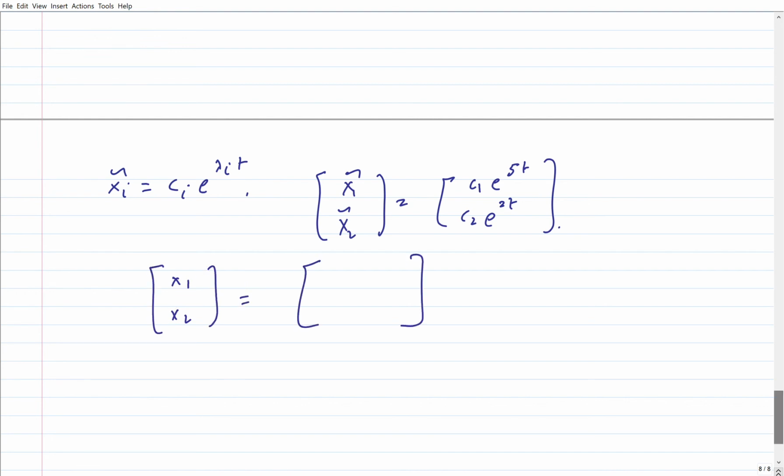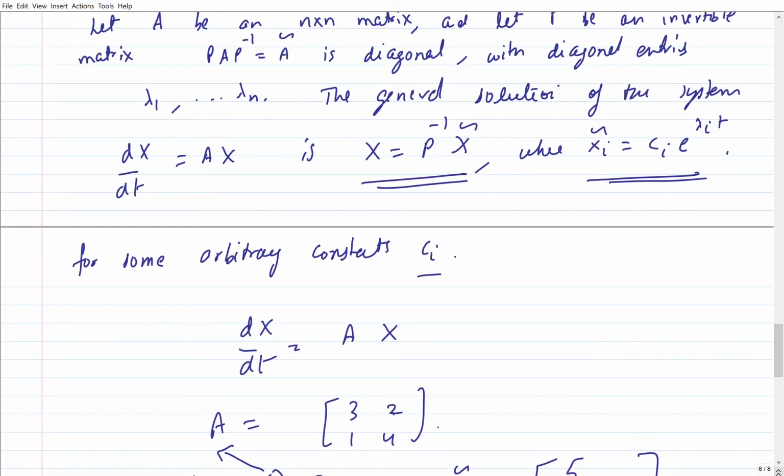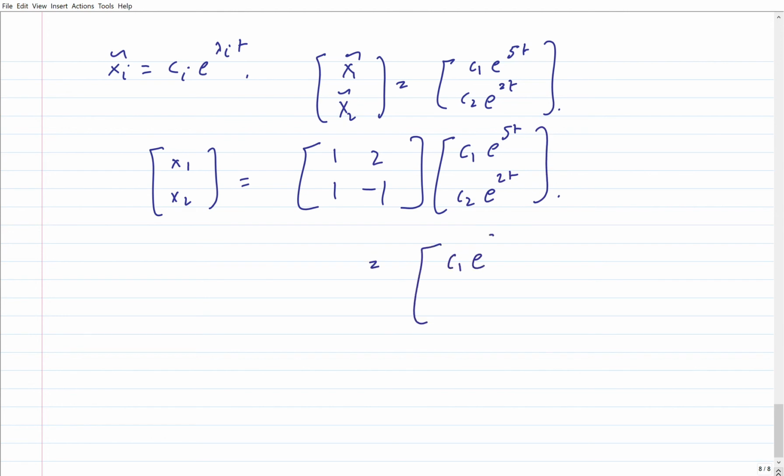The actual solutions are given by these, so I just multiply by P inverse. That is there to it, which is nothing but C1 plus 2 C2, C1.